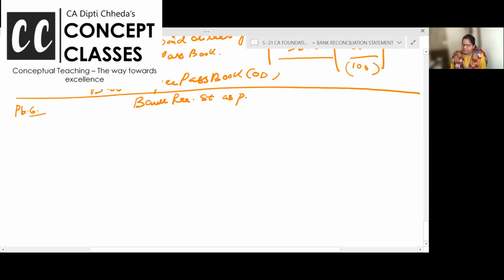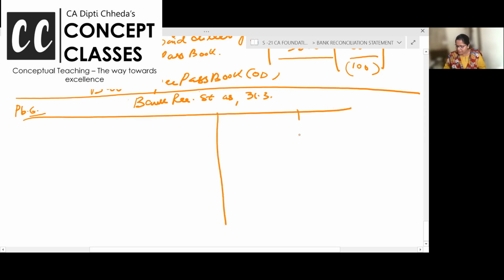Bank reconciliation statement as on 31st of December. That is the date, so we will take that up. Sorry, it is 31st of March. Which balance have they given you?